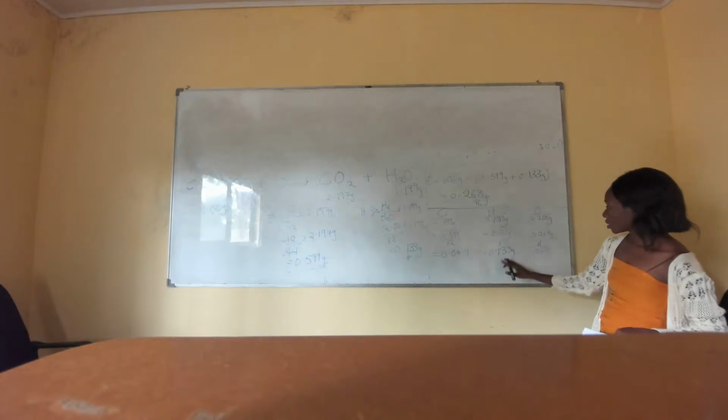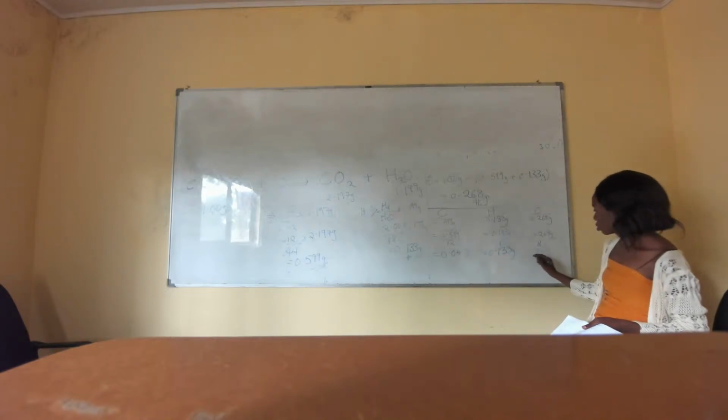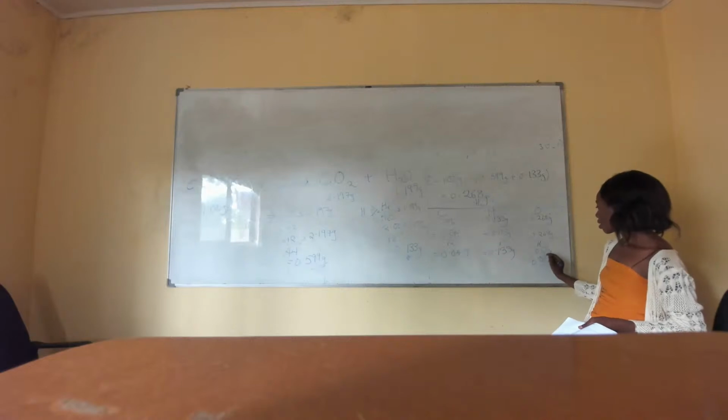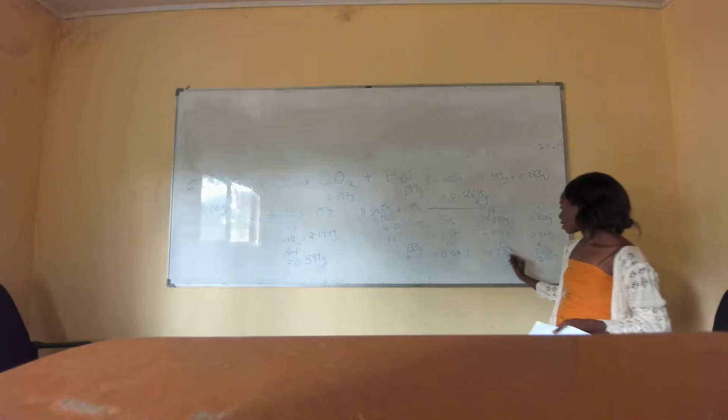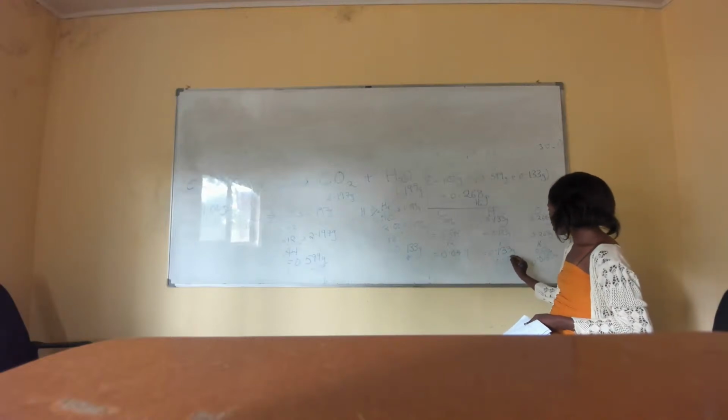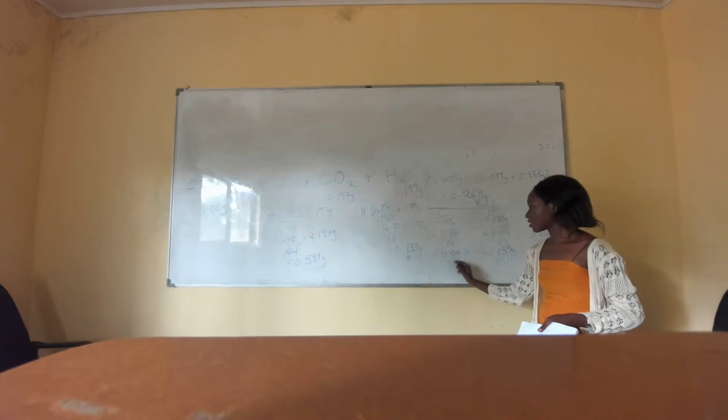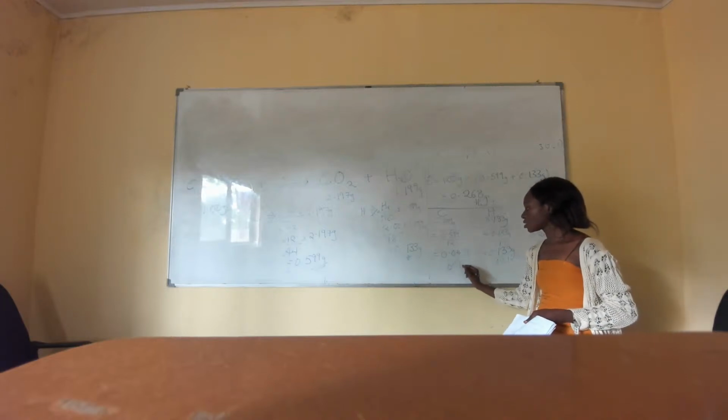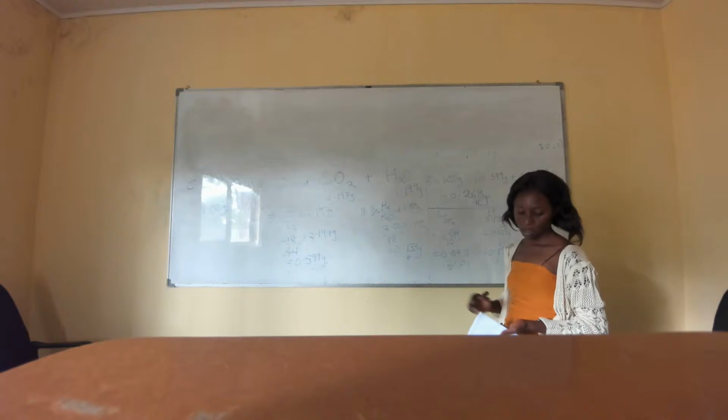So when we reach this stage, we simply divide by the lowest, which is 0.0168, for each of the values.